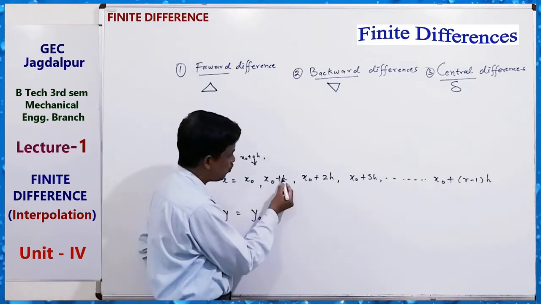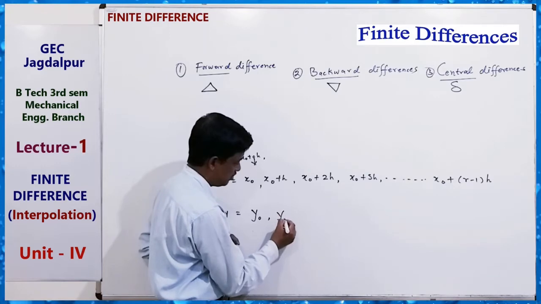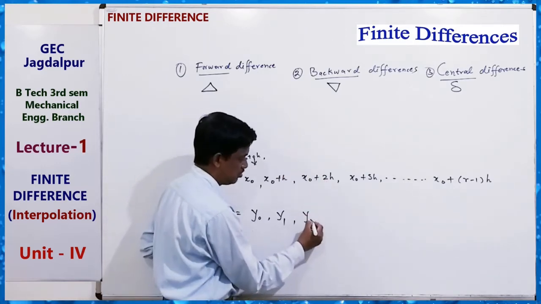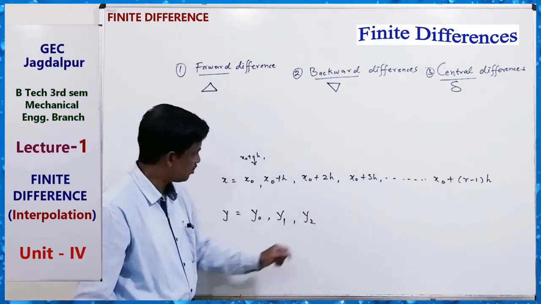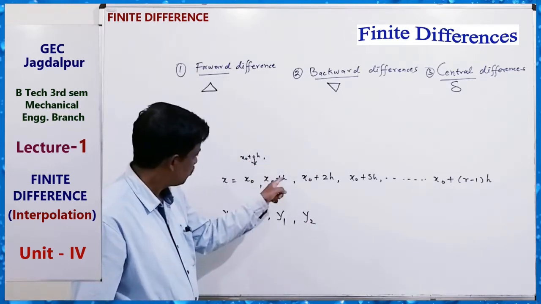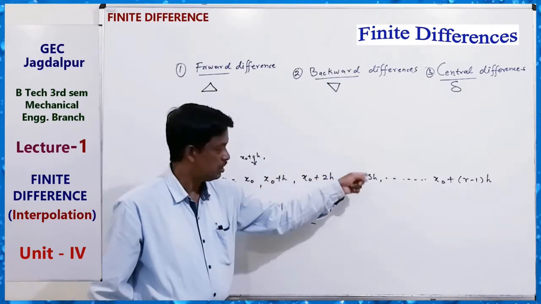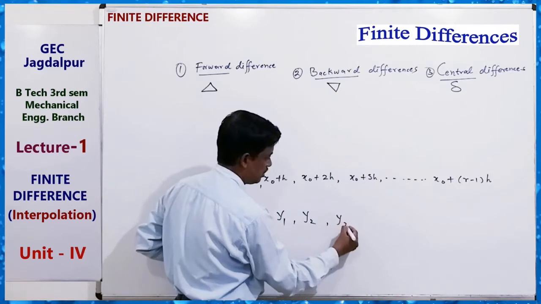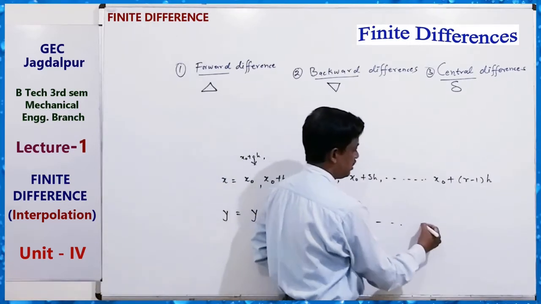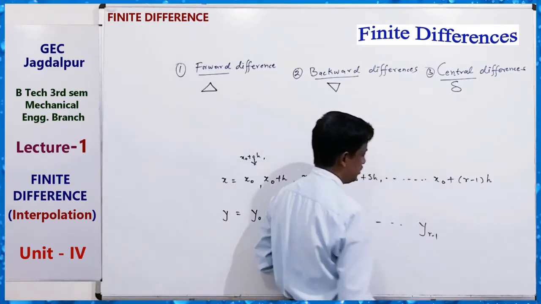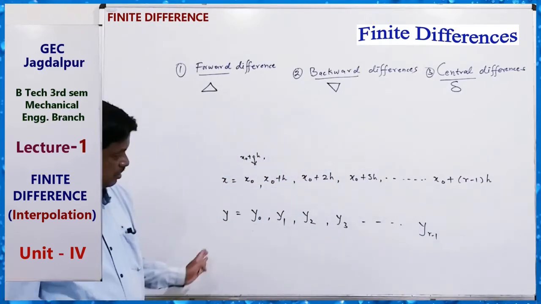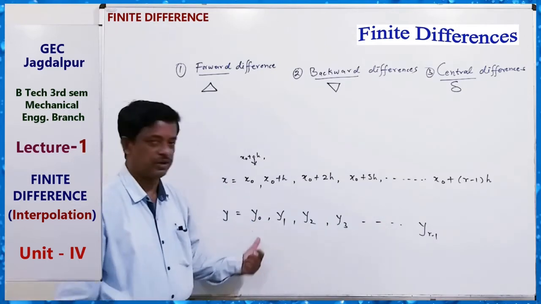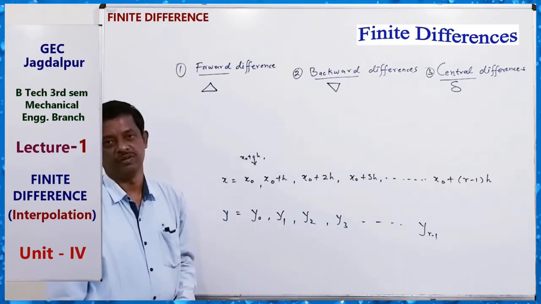Here x0 plus 1 into h is y1, x0 plus 2 into h is y2. That means these 0, 1, 2 go on, 0, 1, 2, 3 and so on. This is the notation for y3, and like this up to y(r minus 1). These are r values, because 1 to r minus 1 plus the first value makes r values.